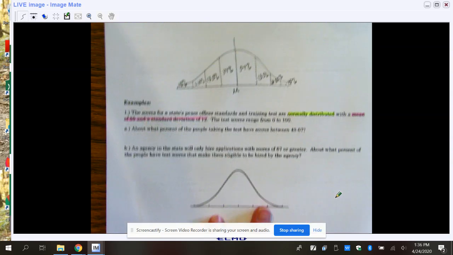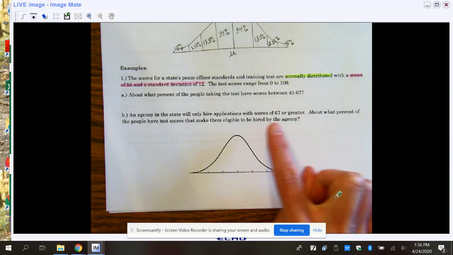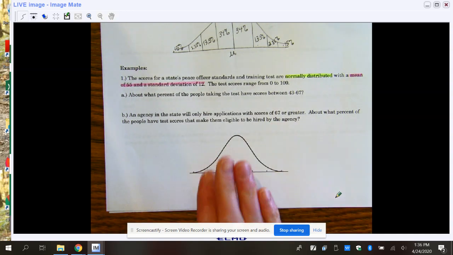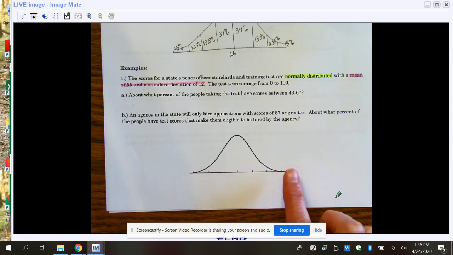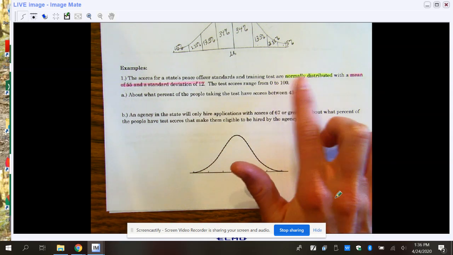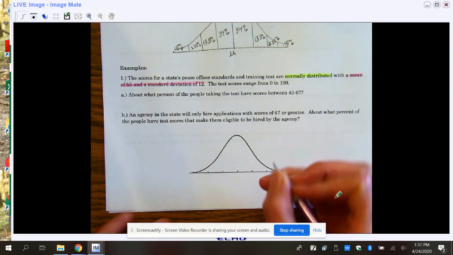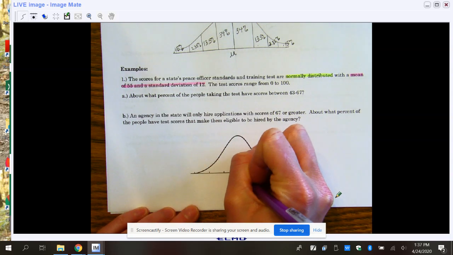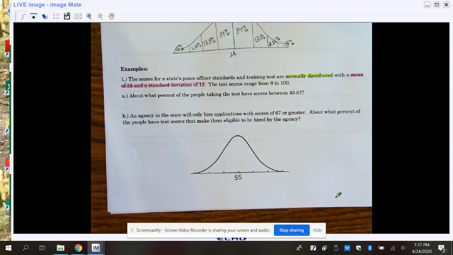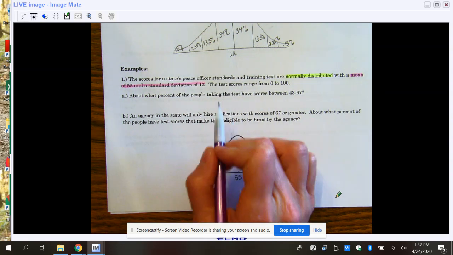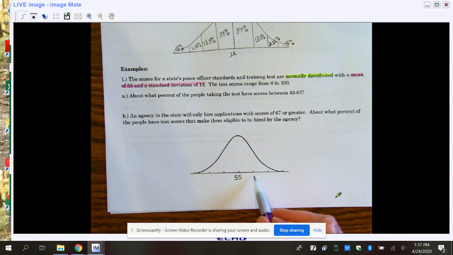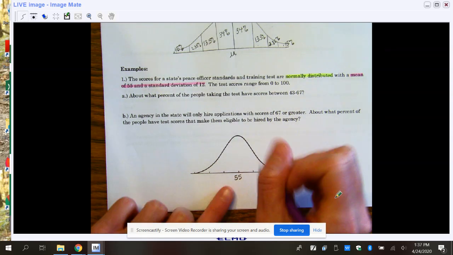So when we're answering questions about this data, you always want to start by sketching out your curve and labeling the number line based on your mean and your standard deviation. So your mean, again, that's always going to be that middle value. So if the standard deviation is 12, that means I'm going to add 12 going this way and subtract 12 going this way.